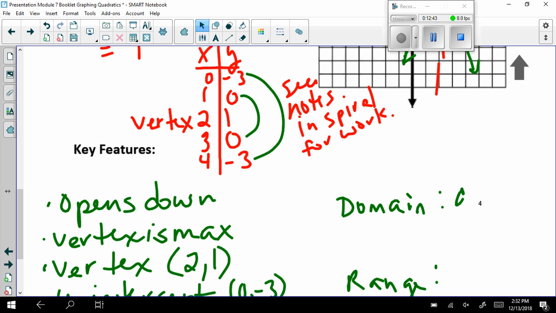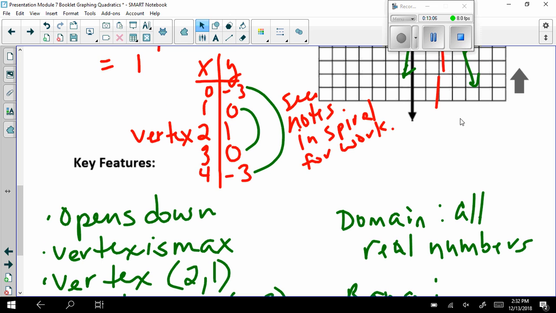Domain is all real numbers. As we discussed, that's going to be the case most of the time. Almost always, well, always if it doesn't have context. If I tell you that there's context, meaning behind your x and y, then your domain might change. But if I'm just looking at a graph, it's going to be all real numbers.